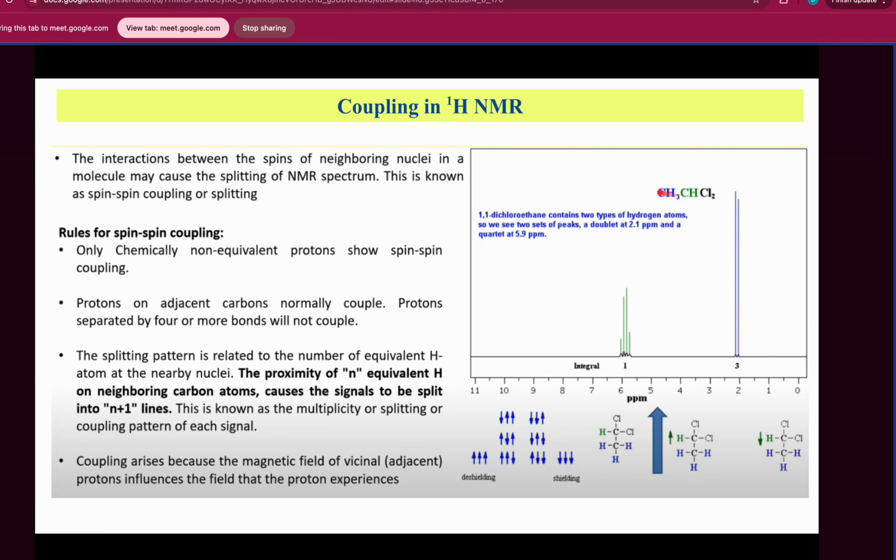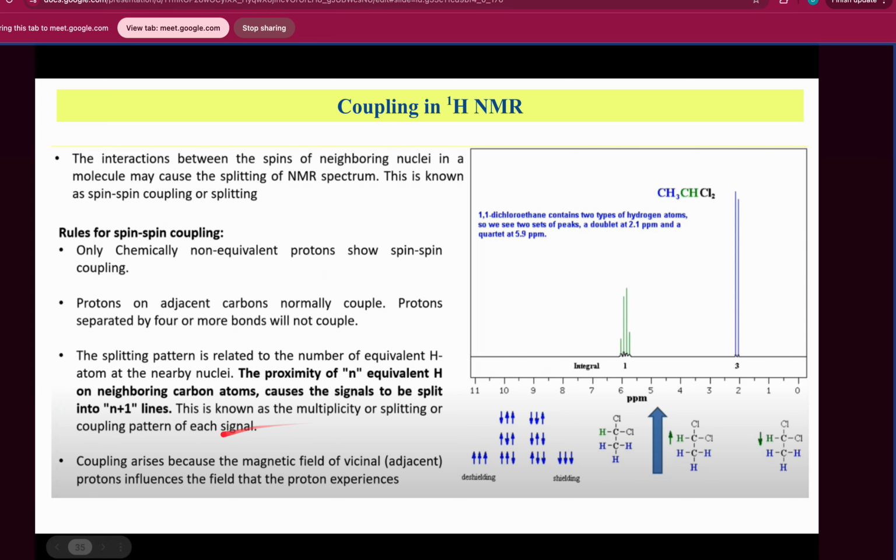So that is the neighbor of this CH3: 1H, so n equals 1, where n is the number of protons present on the neighboring carbon. The number of splittings is n plus 1, so this CH3 will give rise to 2 peaks. The signal splits into two peaks. This is the n+1 rule.